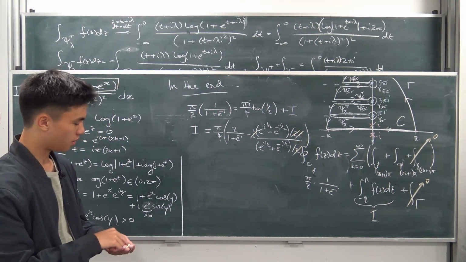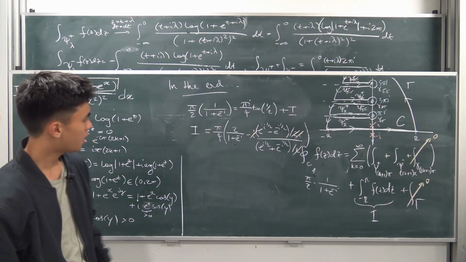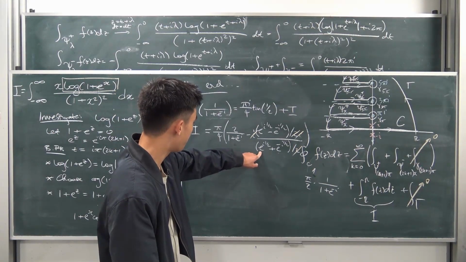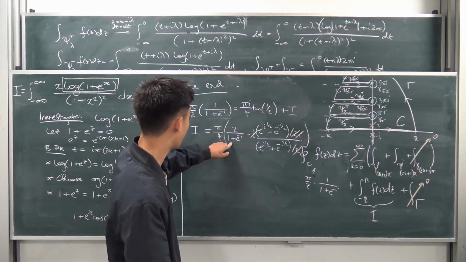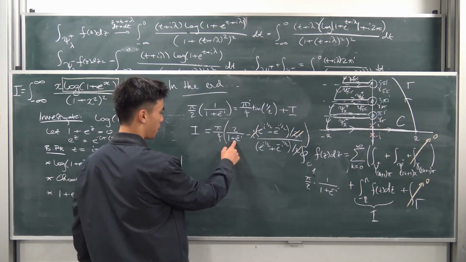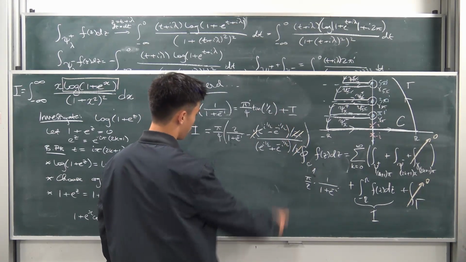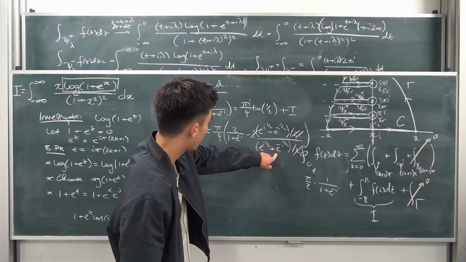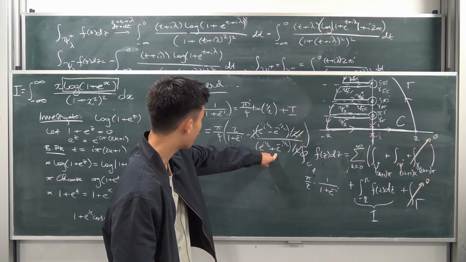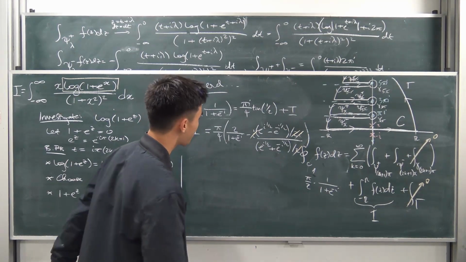So where can we go from here? Well, let's try to make this denominator look like this denominator, 1 plus e to the negative I. What we can do is multiply the numerator and the denominator by e to the negative I times 1/2.